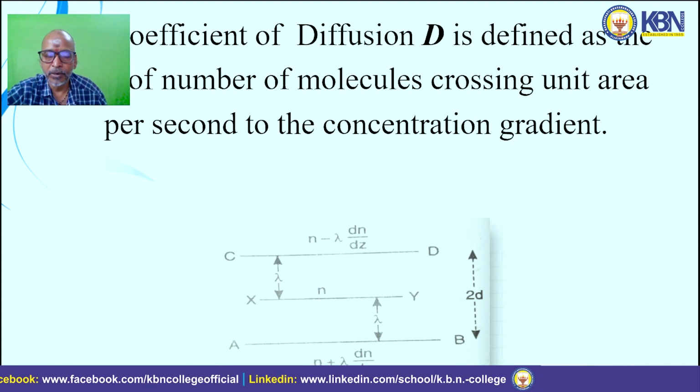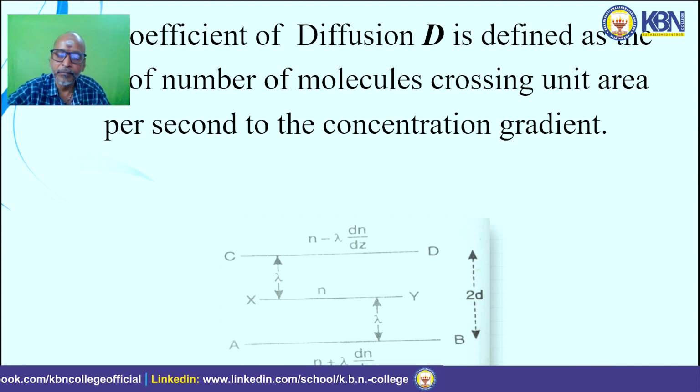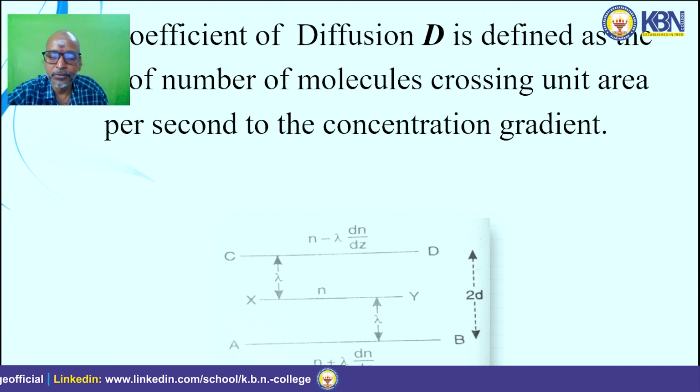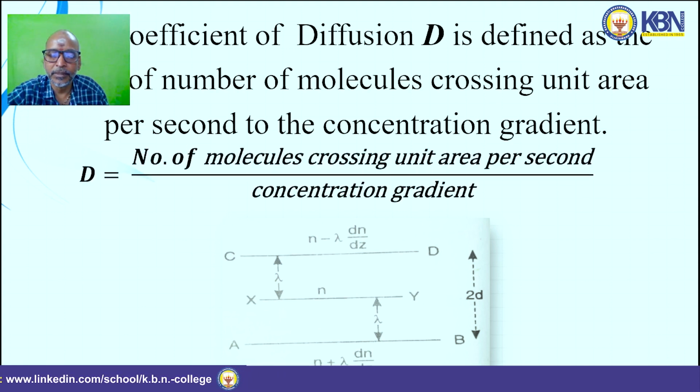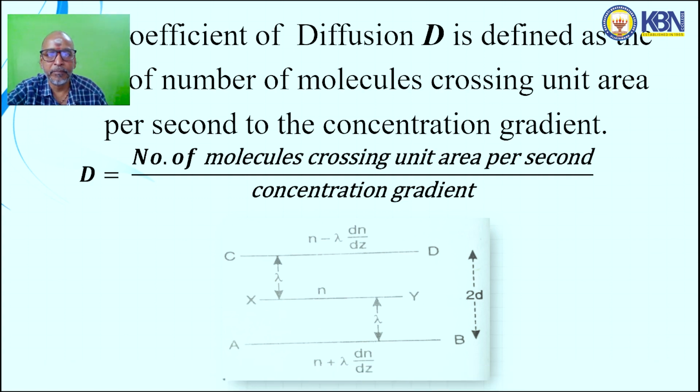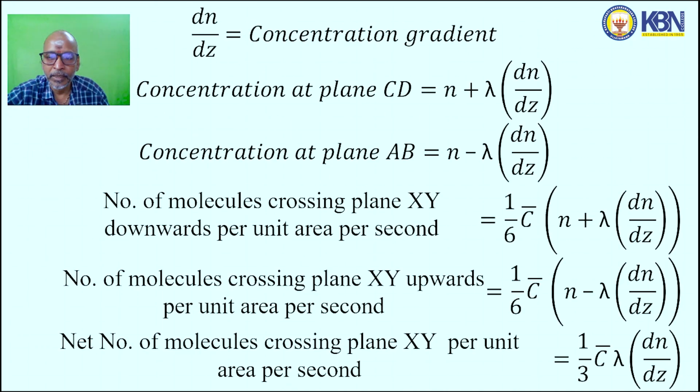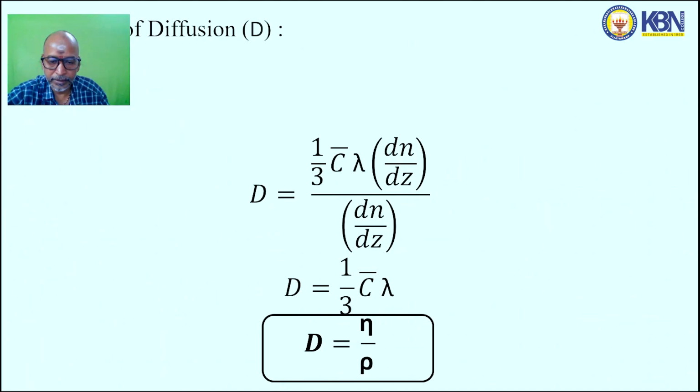So the molecules, that is the mass, are transported from one layer to the other layer. The coefficient of diffusion is defined as the ratio of the number of molecules crossing per unit area per second to the concentration gradient. Finally, the diffusion coefficient is equal to eta by rho, where eta is the coefficient of viscosity and rho is the density. Thank you.